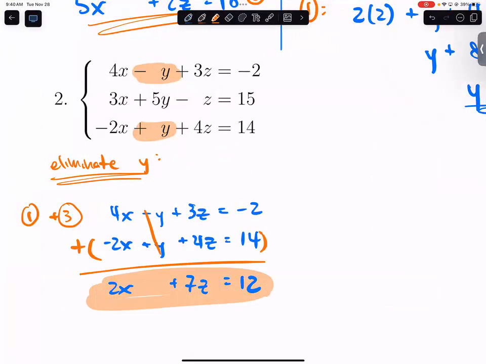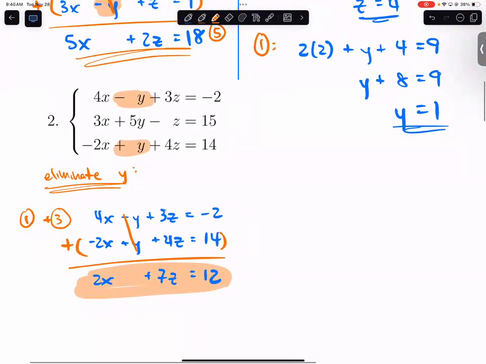Which means, what do we need to do next? Get another equation that's only got x and z in it. So do the same thing with something else. Eliminate y again using something else. These two, maybe? Okay, so I'm going to take the top line and multiply by 5 to get the coefficients to match, right?